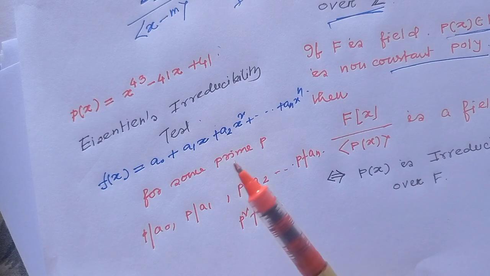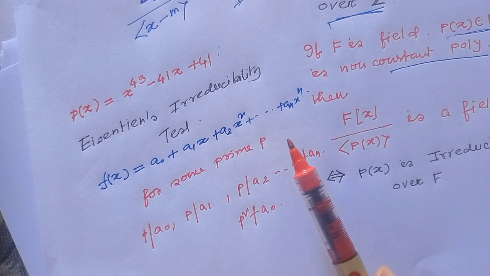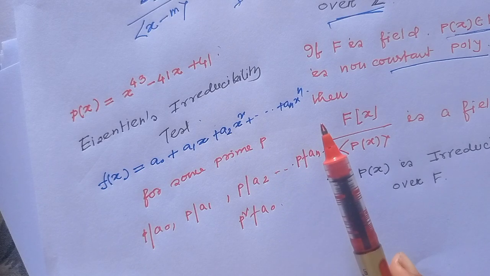f(x) equals a0 plus a1x plus a2x^2 up to an x^n.